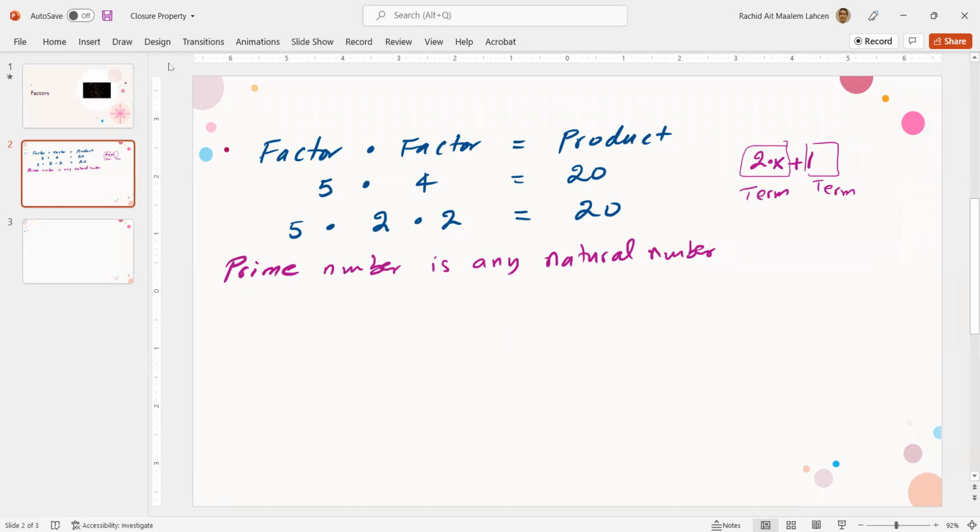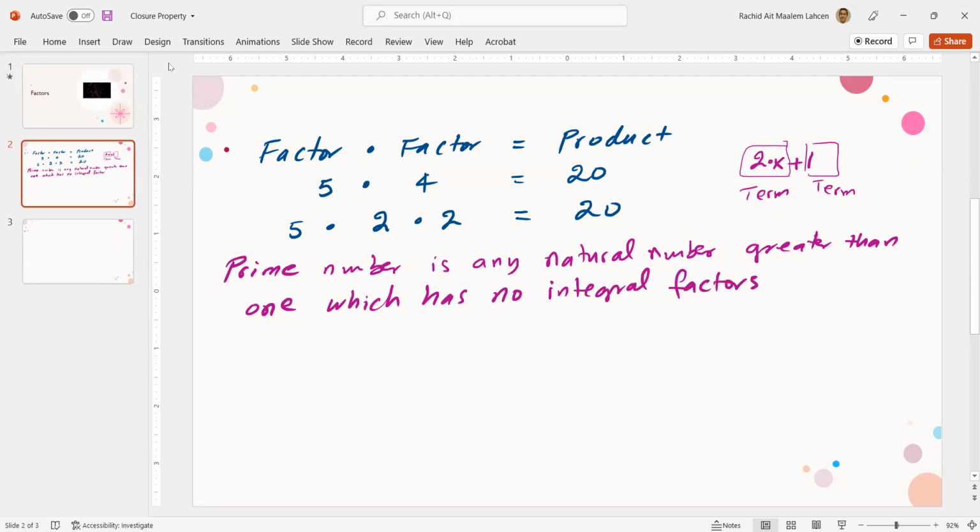But here, we know natural numbers greater than 1, which has no integral factors. For example, here a 4 has integral factors, 2 and 2.